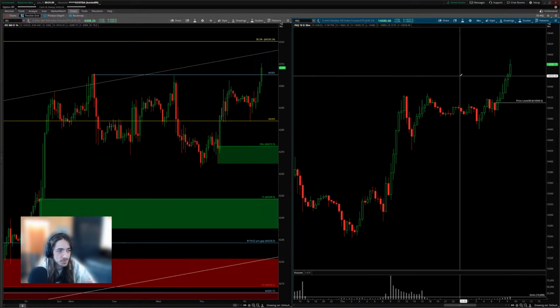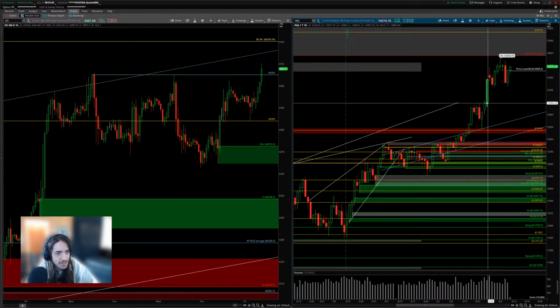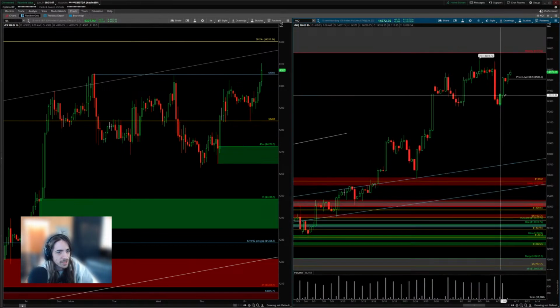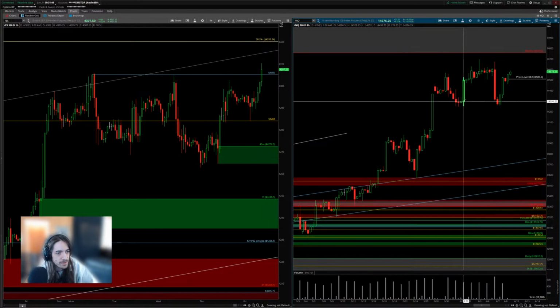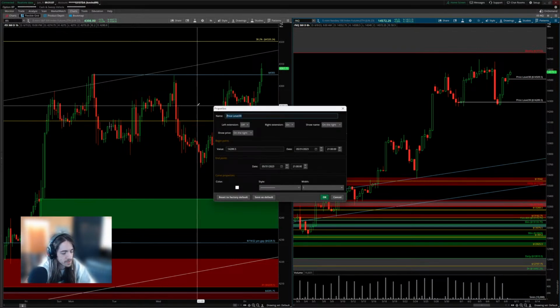Usually, to make it easier, you go from the higher time frames. You go to the daily, and you go 8 hour right here. Let's see, 8 hour, make it green.